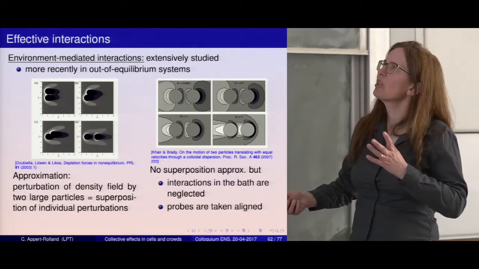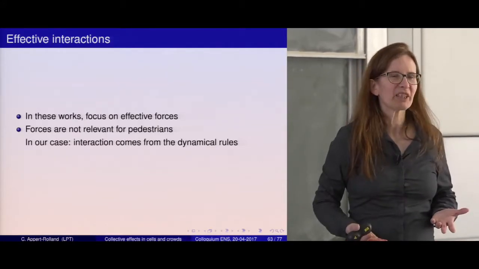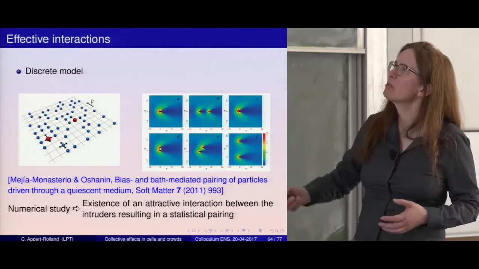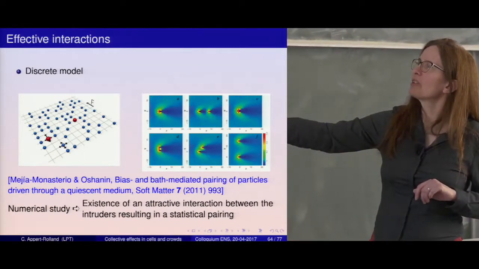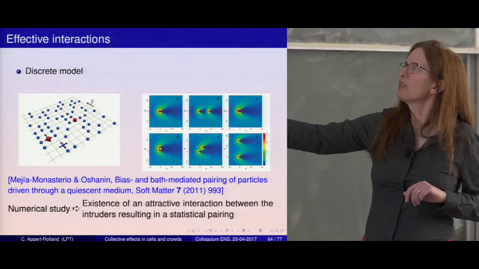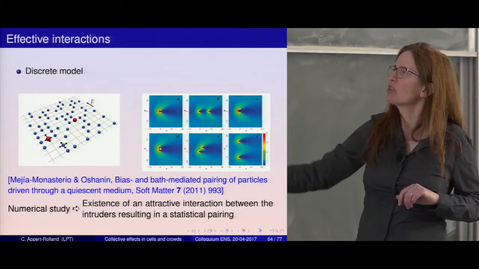In all these systems, you are interested in effective forces, but this means nothing for a pedestrian. You have no forces. There was a model which was closer to our model, where they would have two biased particles in a particle model. The blue are diffusing, and the red, they have a biased motion in one direction.